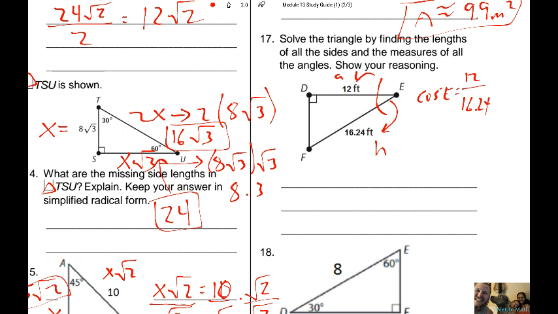Okay. Use the inverse. So the inverse of 12 over 16.24. In your calculator, 12 divided by 16.24 equals, and then second, cosine.